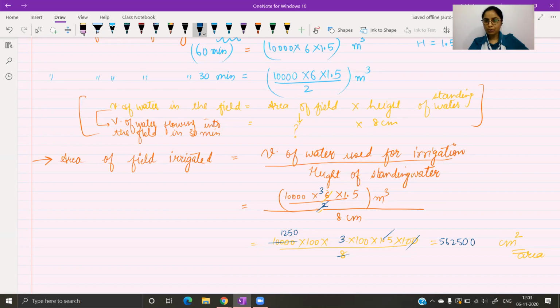Just be careful with the number of zeros. This will be 1, 2, 3, 4, 5. And then if you want, you can convert it into meter square by dividing by 10,000.